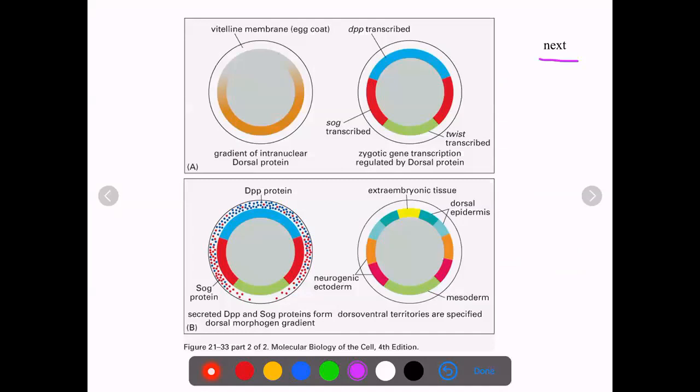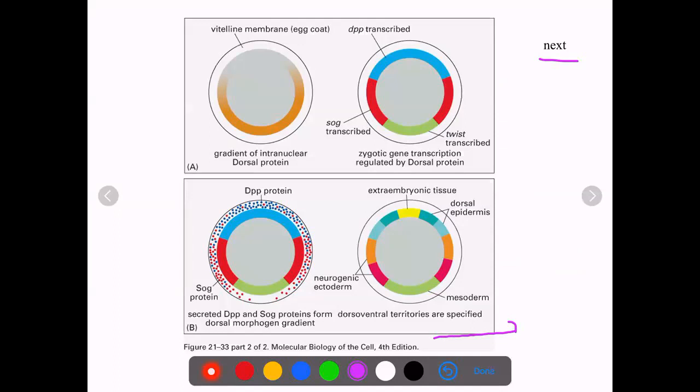This is from a different book. I copied it from the previous version of MBC, Molecular Biology of the Cell. It shows a much better representation.